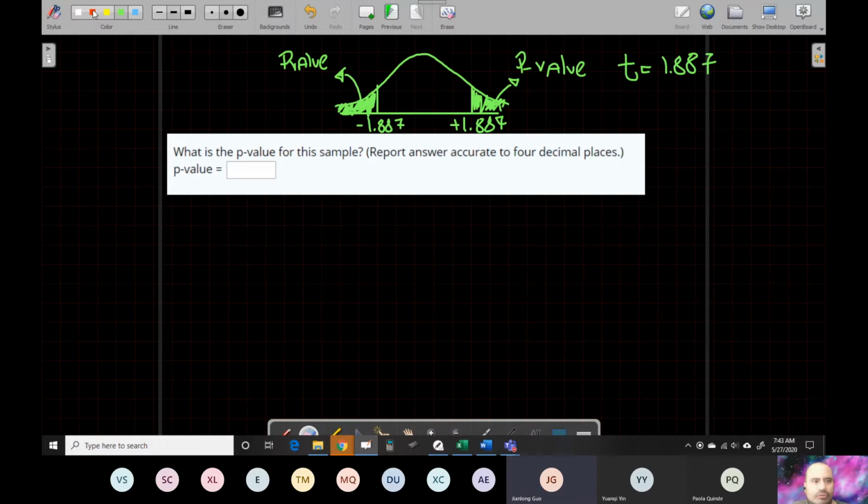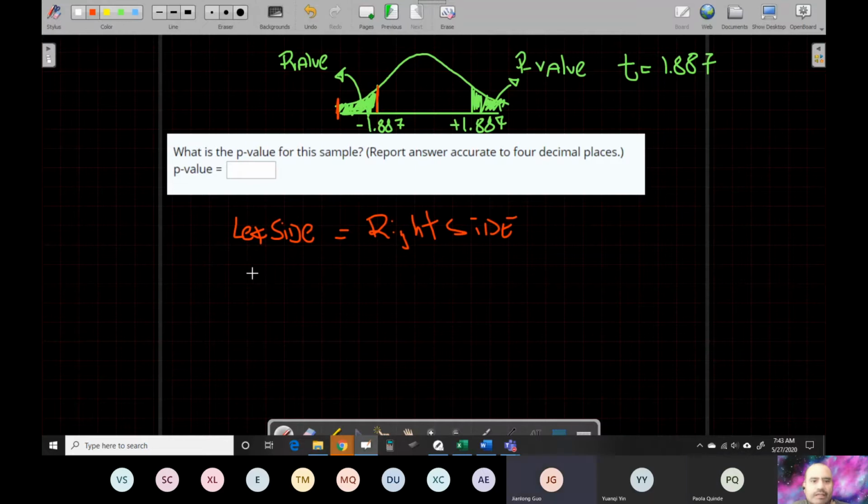What we need to do is to find this area here. Okay, so I'm going to paint it red, and I'm going to do the left side because that's what most calculators do. The left side is equal to the right side anyway.